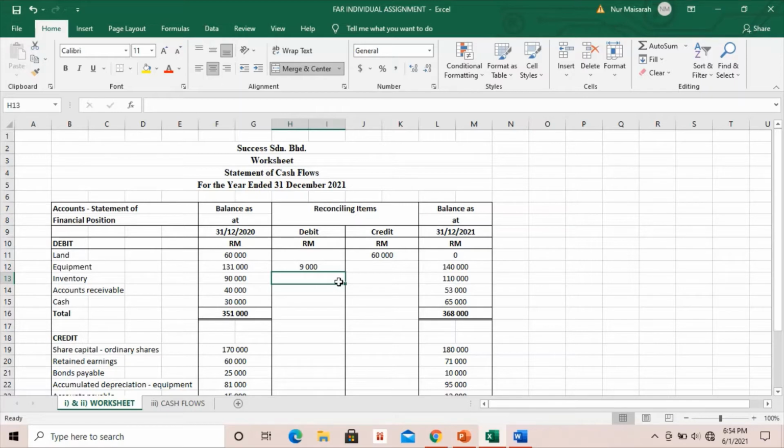Then for inventory, 90,000 minus 110,000 will get 20,000 at the debit side. Next, for accounts receivable, 40,000 minus 53,000 will get 13,000 at the debit side. And the cash, 30,000 minus 65,000 will get 35,000 at the debit side.